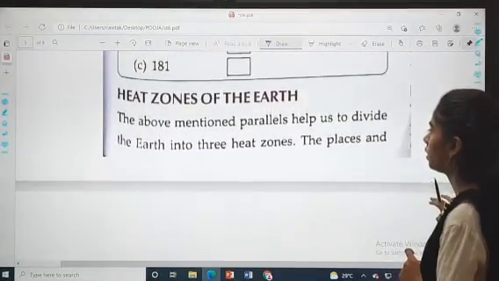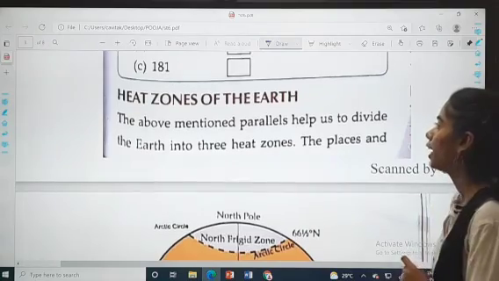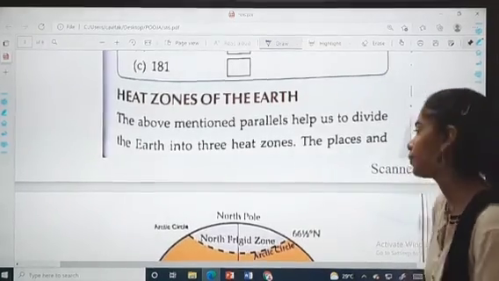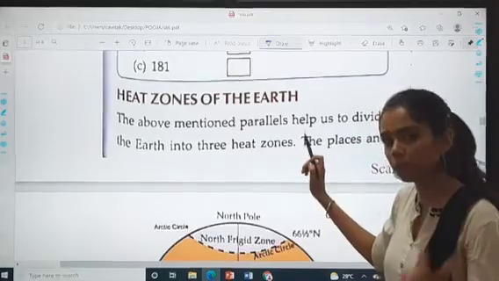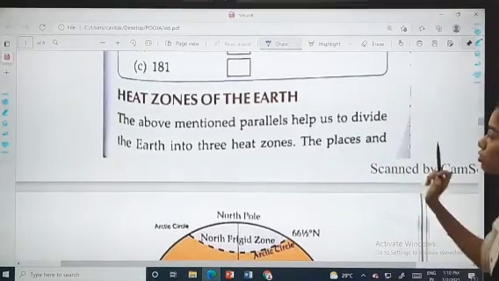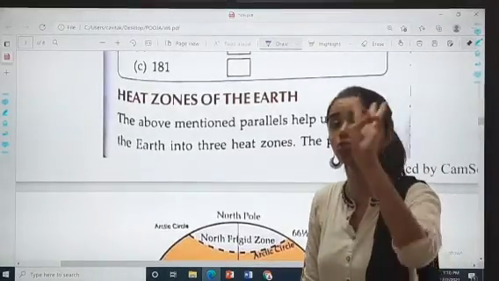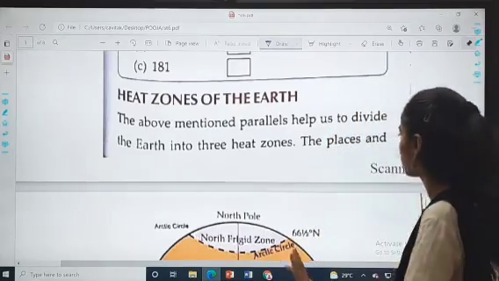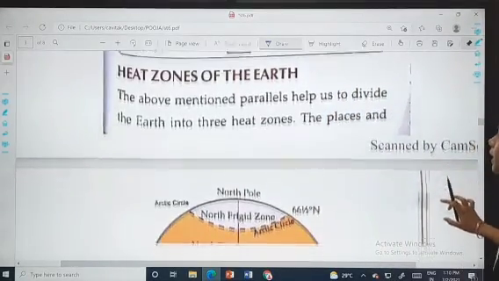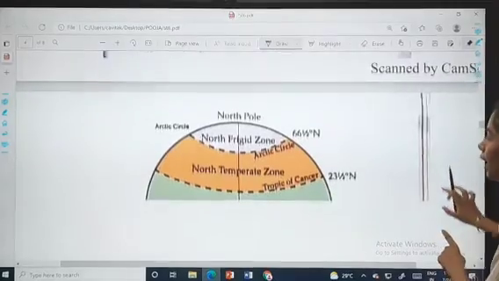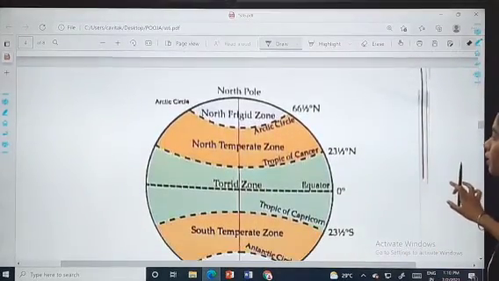Now, let's move on. Heat zones of the earth. The above mentioned parallels help us to divide the earth into 3 heat zones. Now which are they? Let's see. The places and, now see, look over here.